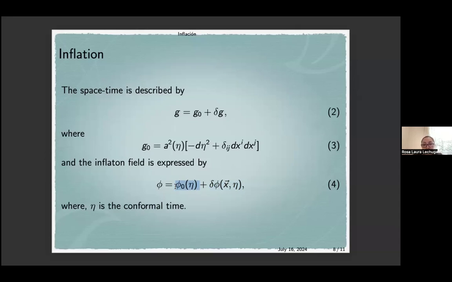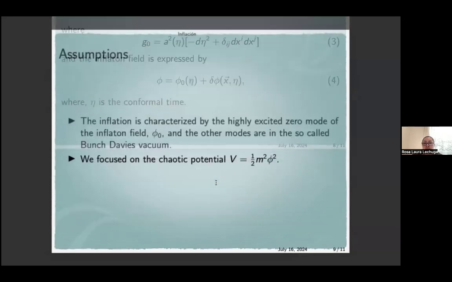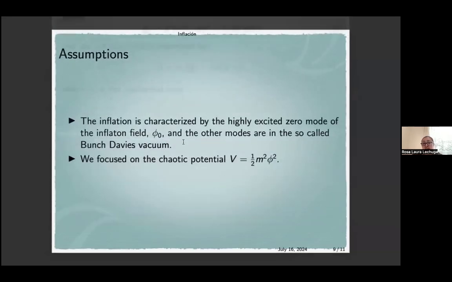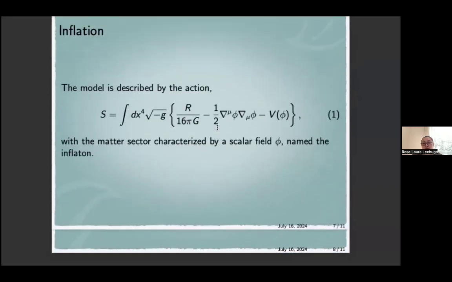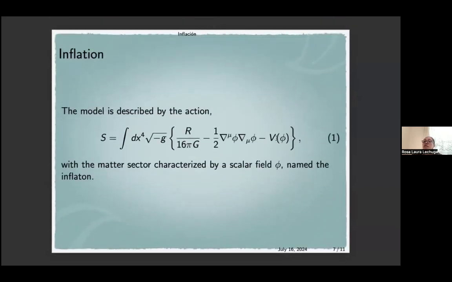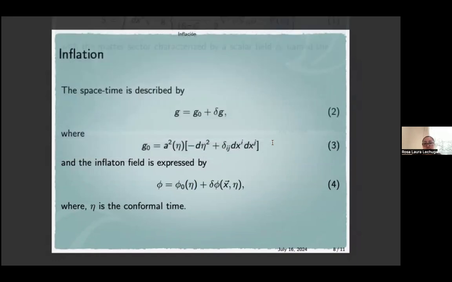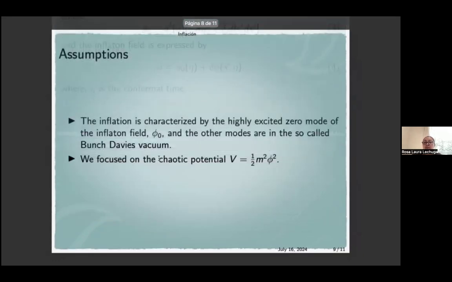You realize that this only depends on time, not on the position. And as there are many models of inflation, you also have many options for the potential. In this case, I'm going to represent this potential using a chaotic potential. The name chaotic is bad.